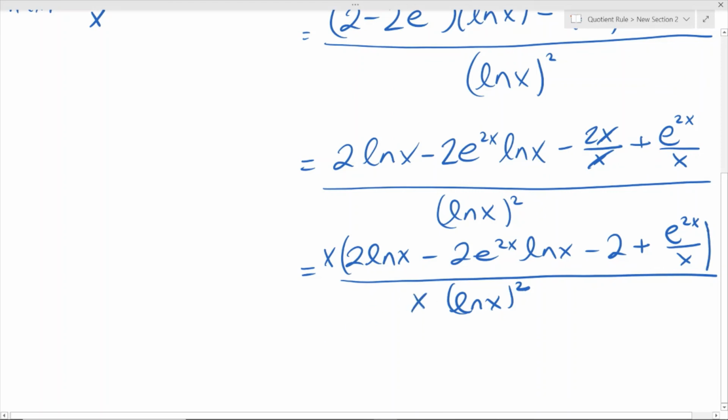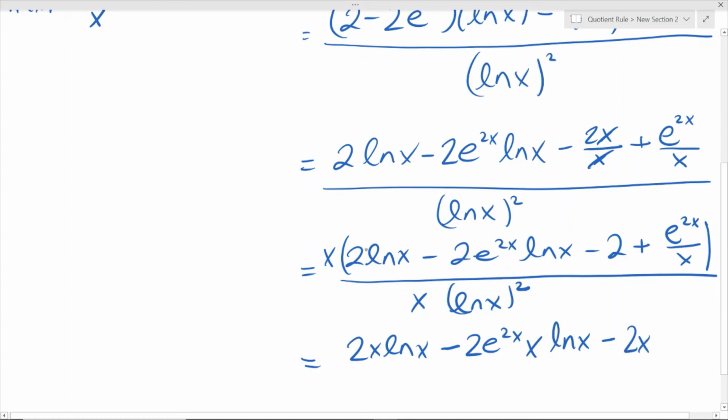So just to make it look better, get rid of this denominator, right? So x times 2 ln x is going to be 2x ln x. X times negative 2 times e to the exponent of 2x times ln x is going to be negative 2 e to the 2x. I'm going to put the x here, this x is right here, right? And then ln x minus 2, right? 2x, so 2x.